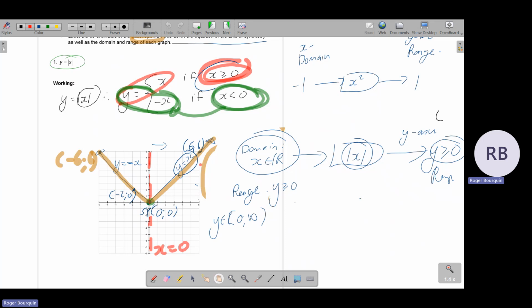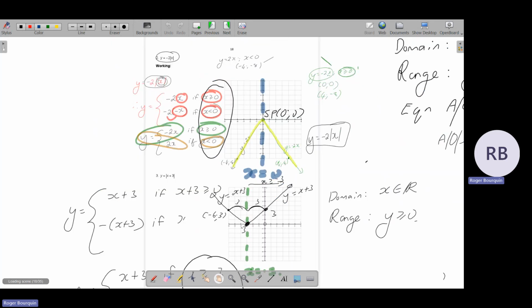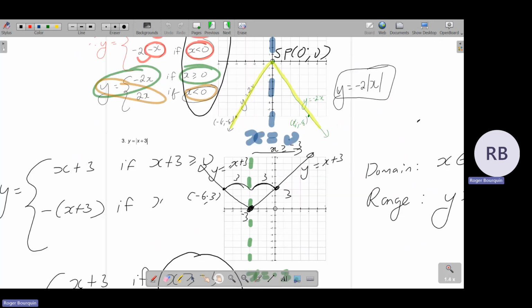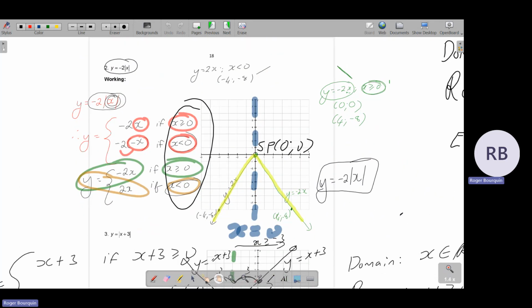Your domain for all of these graphs is going to be x as an element of the real numbers. Remember, domain is what goes into a function, and range is what comes out of the function. So you don't necessarily have to have a graph in order to do that. But then we did y is equal to negative the absolute value of 2x. Again, what does your definition say?